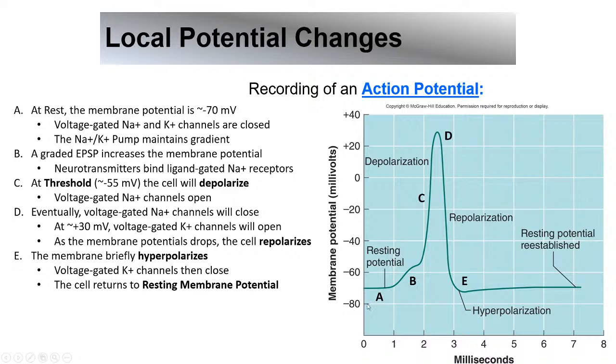Okay? Now, an excitatory stimulus, on the other hand, brings you closer to threshold, makes the cell less negative or more positive by letting sodium in. And so we're going to get closer to threshold with an excitatory postsynaptic potential.